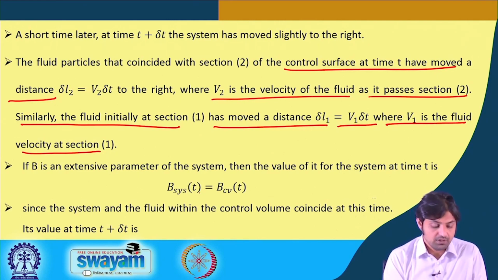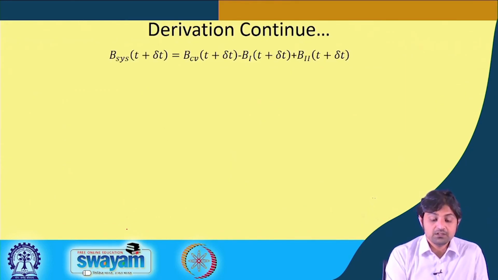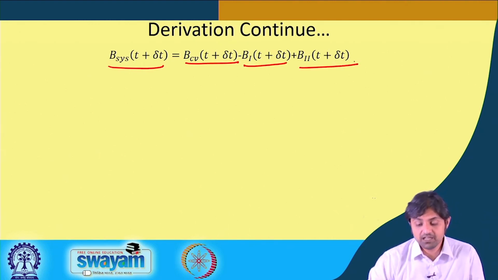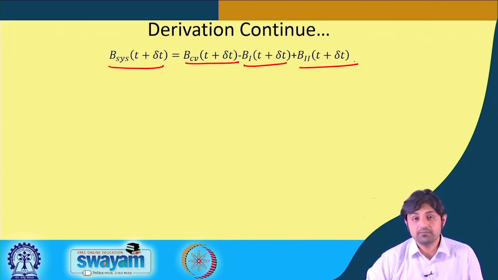Now if we want to find the value of B system at t plus delta t, it will be B of control volume at t plus delta t minus B1 at t plus delta t plus B2 at t plus delta t.